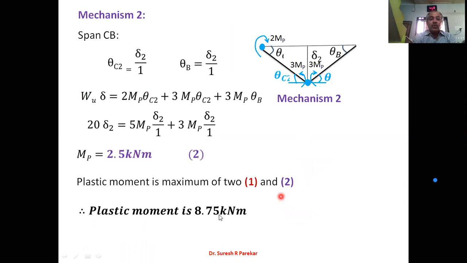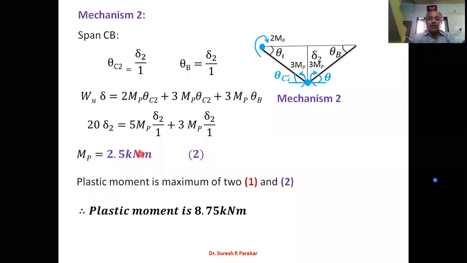Using the virtual work method, substituting 2 MP theta C2 at this point, then 3 MP theta C2 at this, again 3 MP theta B here, and theta C2 is equal to theta B. So we have 3 plus 2, 5 MP theta C2 plus 3 MP theta B, but these are delta 2 by 1. So we are going to get this as 2.5 kilonewton meter.